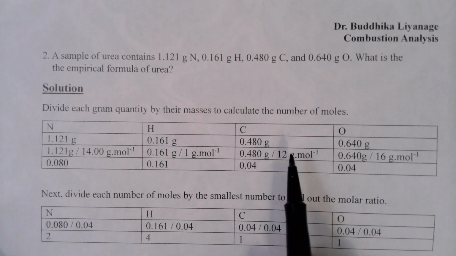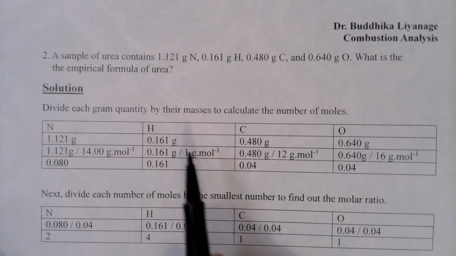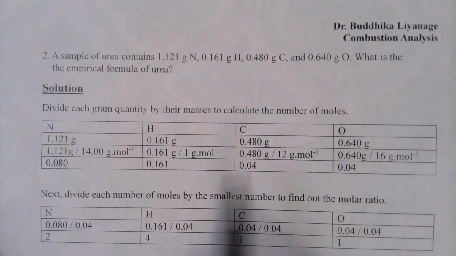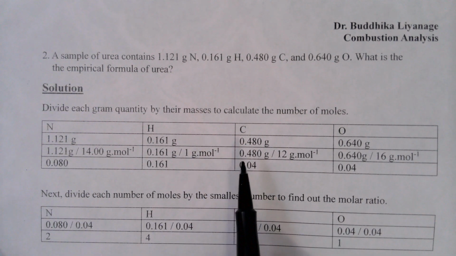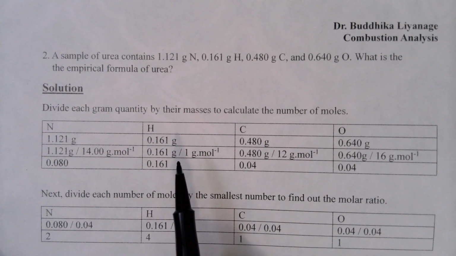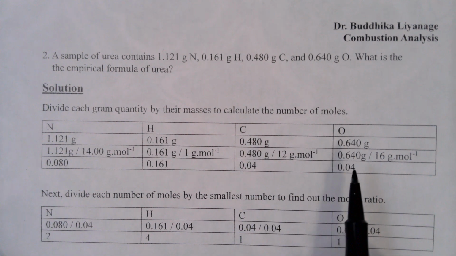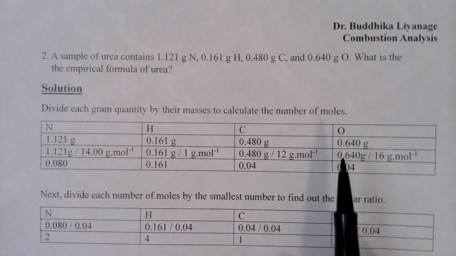Carbon is 12 grams per mole, oxygen 16 grams per mole. Each gram quantity is divided by its molar mass, and then we get the moles. This many moles: 0.080 nitrogen, 0.161 hydrogen, 0.04 carbon and 0.04 moles of oxygen.